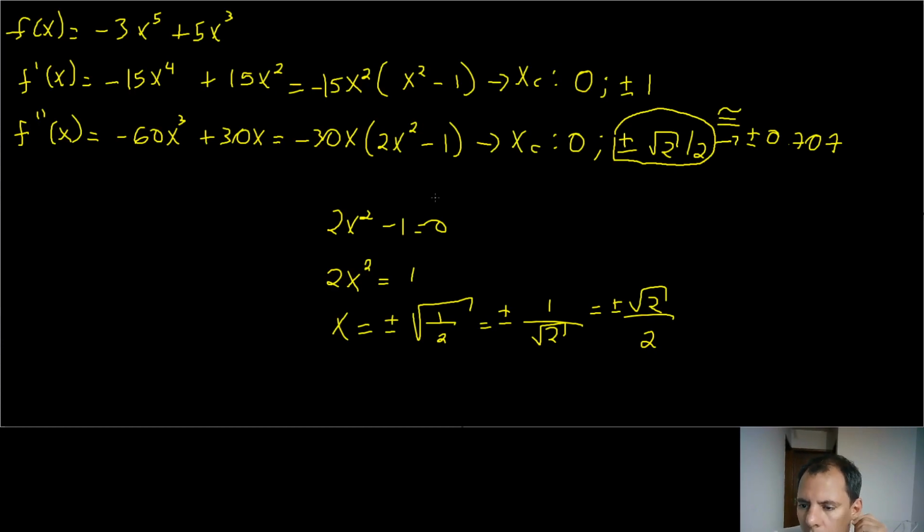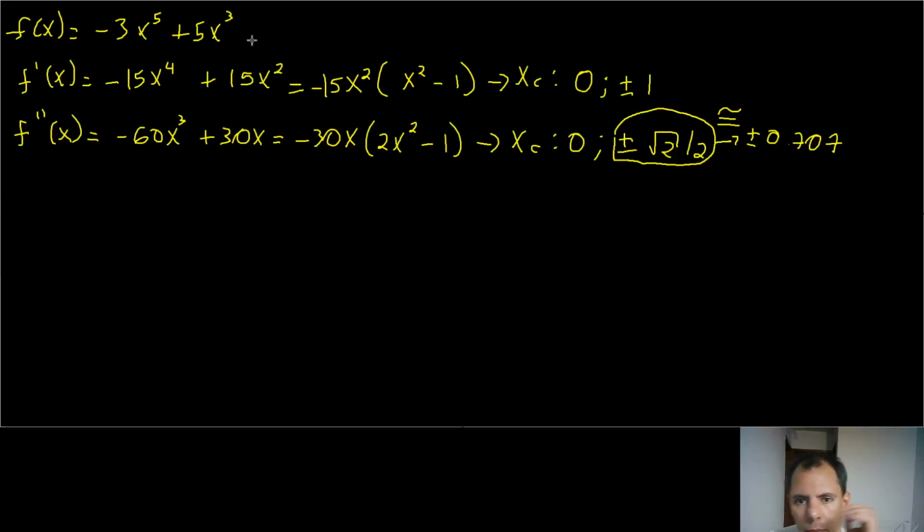Okay, so let's do this. So you have a domain from negative infinity all the way to, what's the smallest number here? I think it'll be -1.